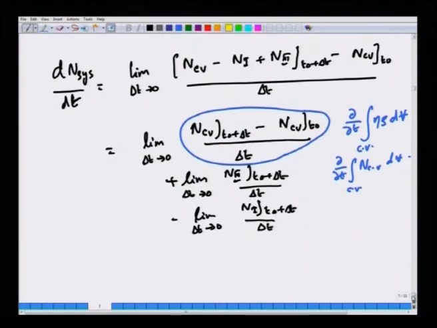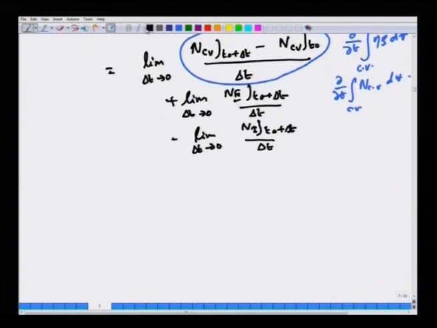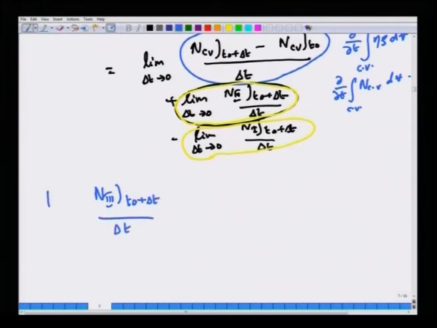In order to do that, we will consider term 2, which is this term, and while this is term 3. So, how do we calculate the limit of n 3 at t 0 plus delta t divided by delta t as delta t goes to 0?